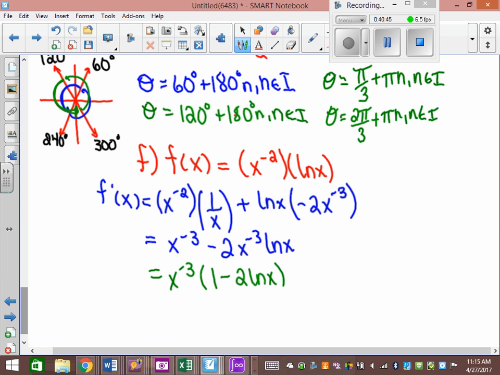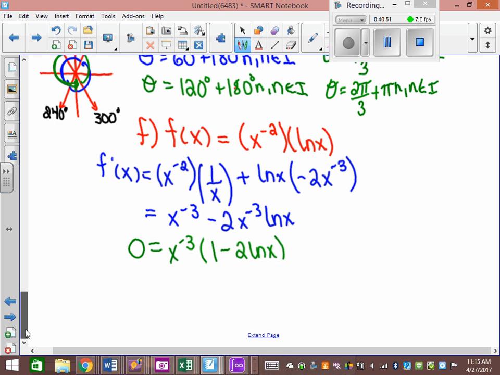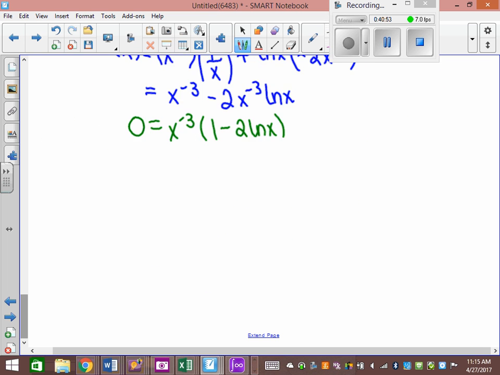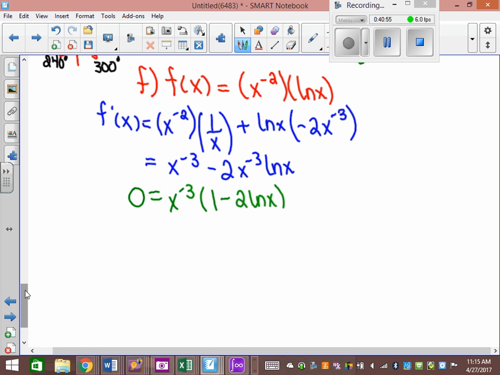Now that's fantastic, but you have to set them equal to 0 and solve. It's not as bad as it looks. Okay. So we're going to go x to the negative 3 equals 0, which we would raise to the power of negative a third, and x would equal 0. It doesn't matter.